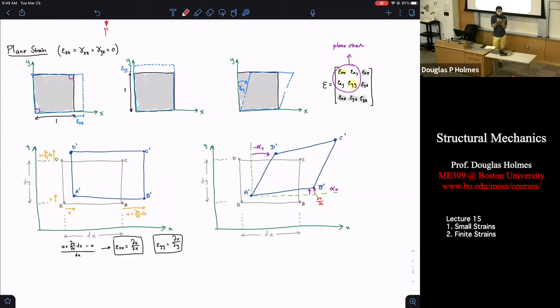Technically, this angle is like the tangent of some amount that we've moved here. But in the limit of a small strain, where the difference in length between A and B and A prime and B prime is really small, this angle can be approximated simply as this distance dv dx.